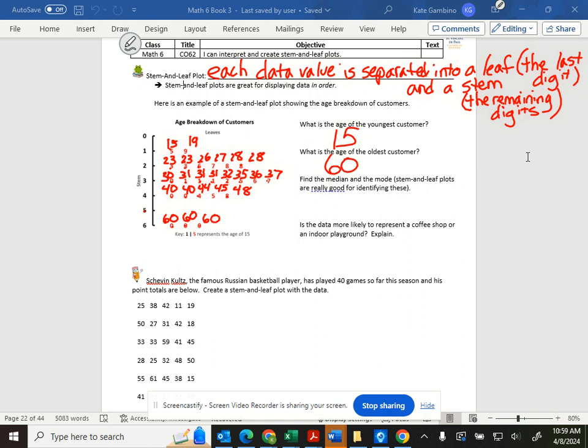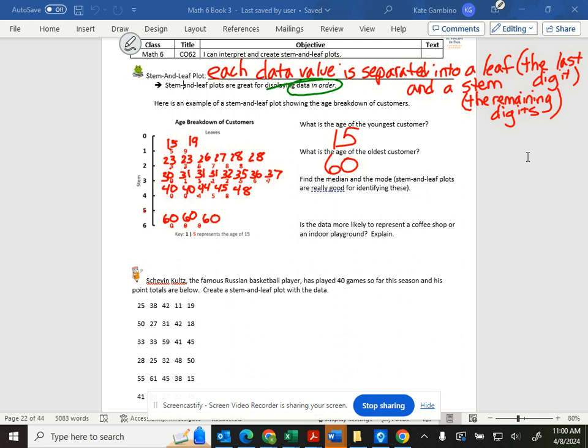Why do you think he's saying stem and leaf plots are really good for this, Melanie? They're already in order for us. Right? When we do those stem and leaf plots, all those numbers are in order already. So we can just count it backwards. So that's why they are great for displaying data in order.